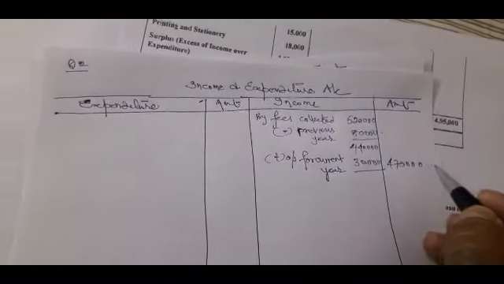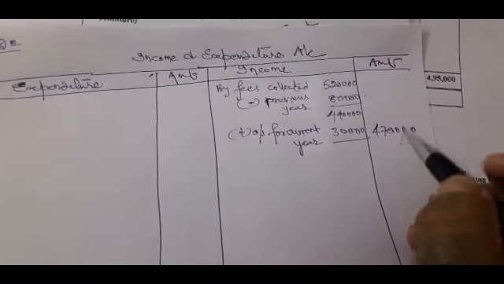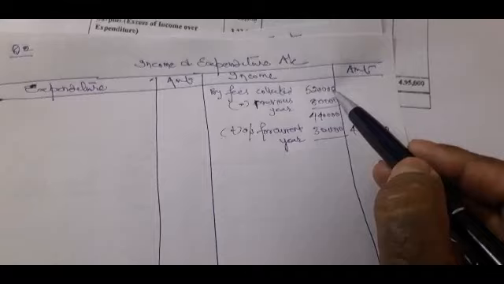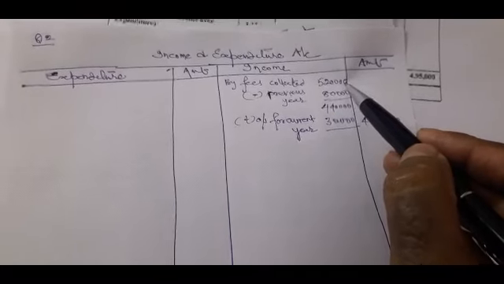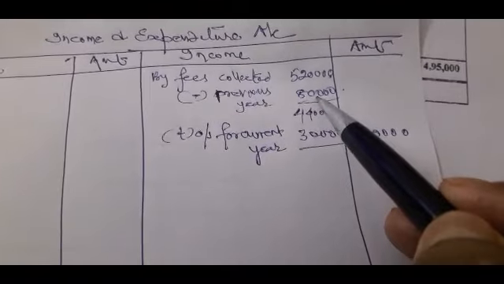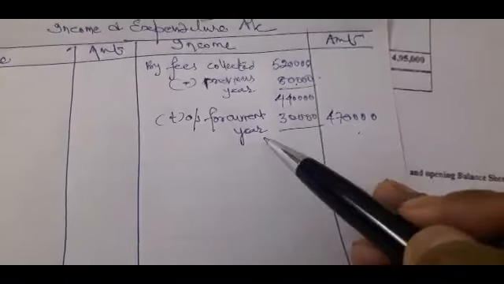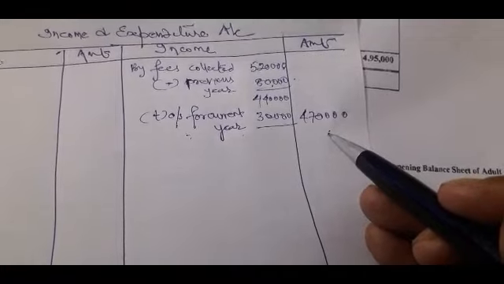Total fees for the current year: collected 5,20,000, minus fees for the previous year 80,000, that comes to 4,40,000, and outstanding for the current year 30,000, total comes to 4,70,000.